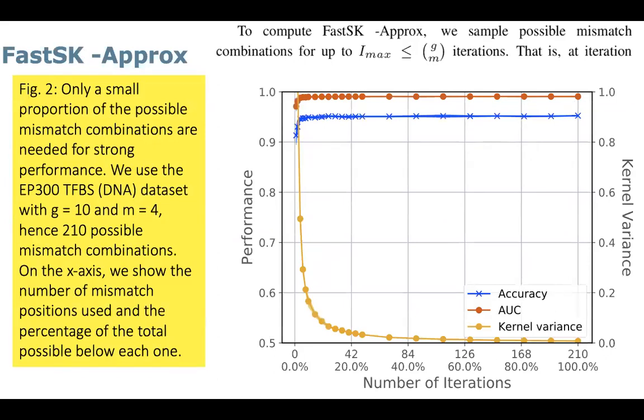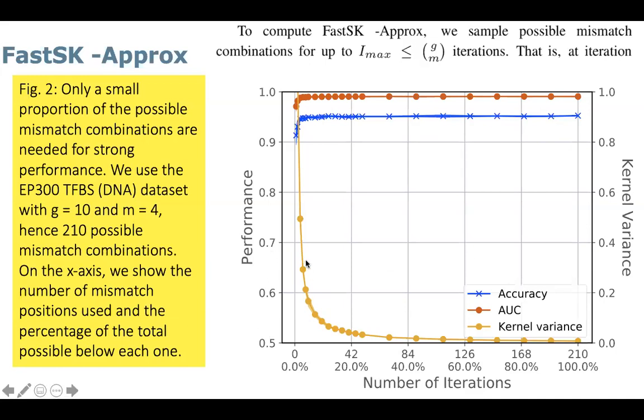Because of such a simple formulation, we further propose a Monte Carlo approximation-based algorithm. We realized we don't need to calculate all the partial kernels to get the final kernels at all. Let's look at this figure. The red and blue represent the convergence of AUC and accuracy.